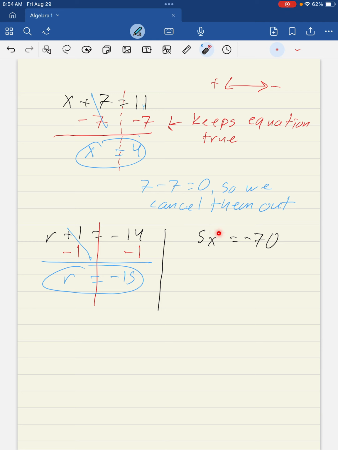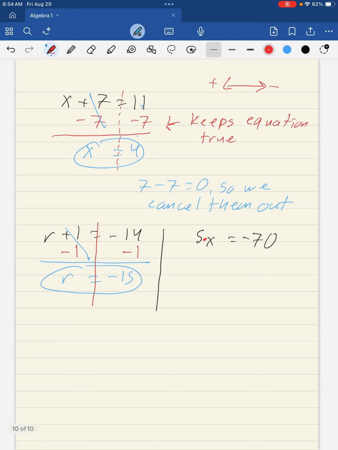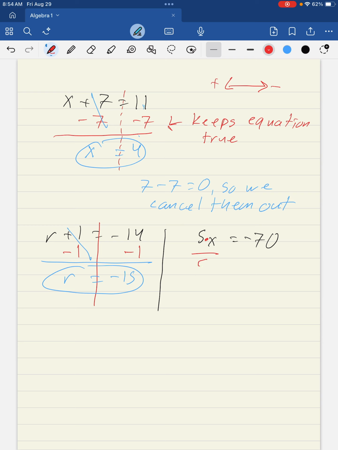There's a times right there. Put a times right there. Opposite of times is divide. So I can divide both sides by 5. And my 5s cancel out.